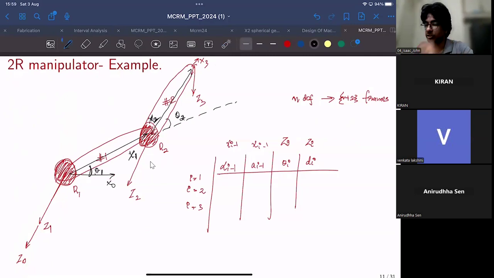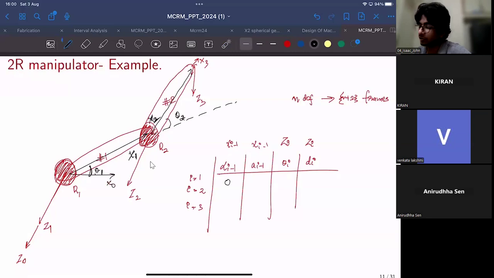Okay, so now if you move the transformation from Z0 to Z1, what is the first transformation that we are doing? We are doing the rotation about the x i minus 1 axis, so that Z0 and Z1 can be aligned. But since they are already aligned, by convenience, we chose Z0 and Z1 to be already aligned, we don't need any rotation about x0. So this alpha would be 0.